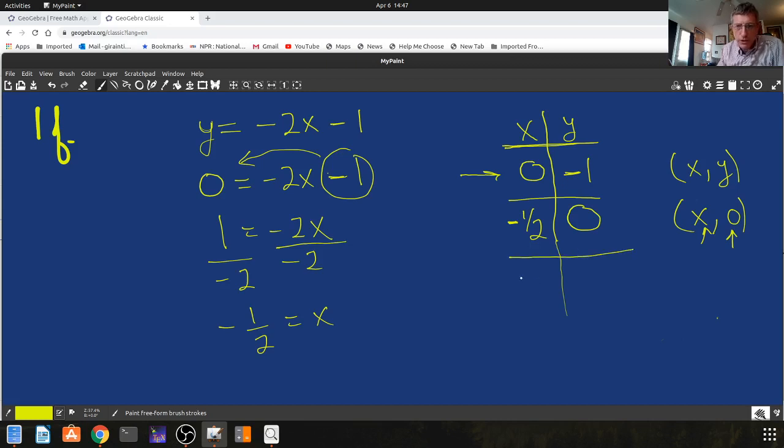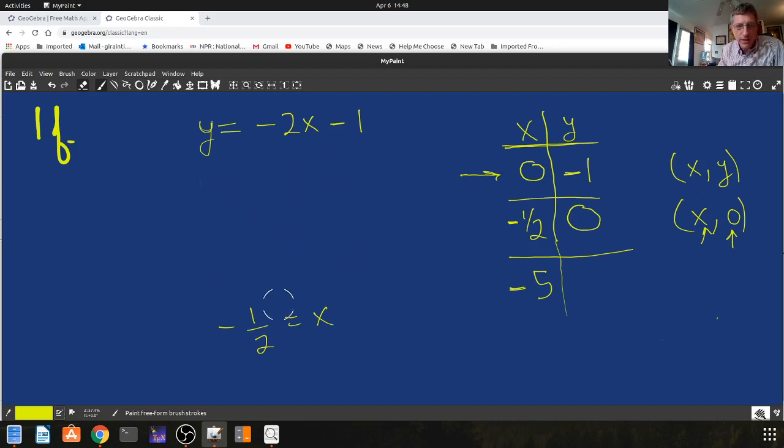So let's choose another value of x to be minus 5. With that in mind, let's go back. So literally, when you're given choices in math, you kind of use your brain to make them work for you. So I want another point.